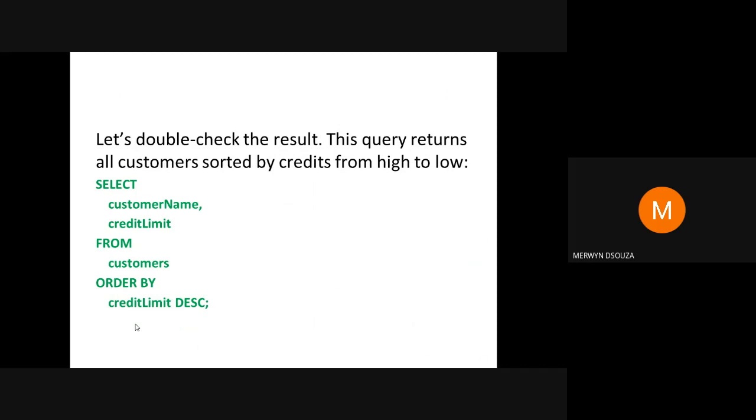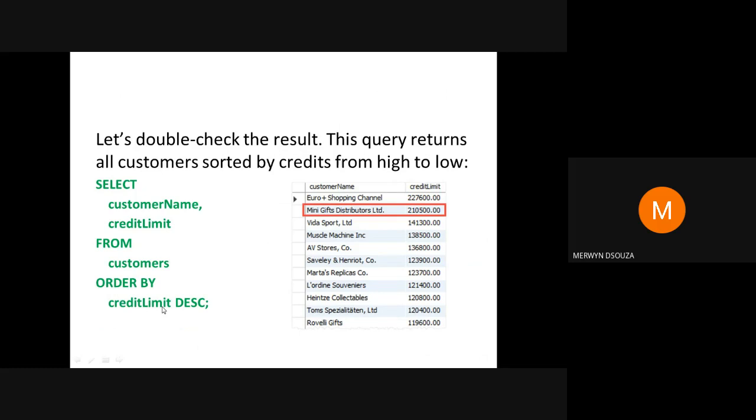You could write a query as select customer name, credit limit from customers, order by the column credit limit descending. This query will sort the data in descending order, that is from high to low. It will sort the data something like this.